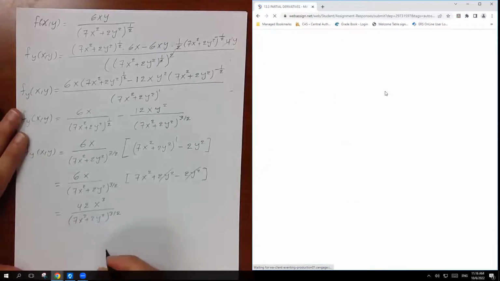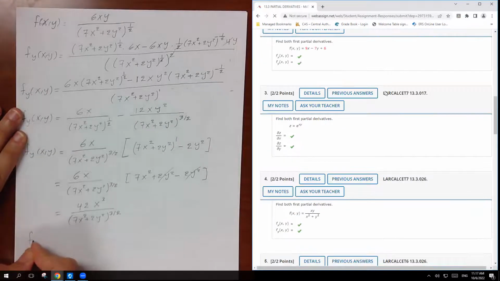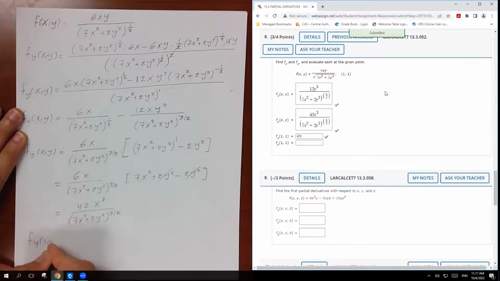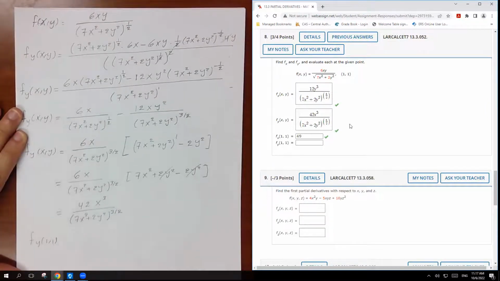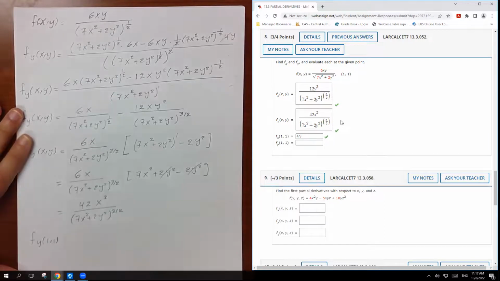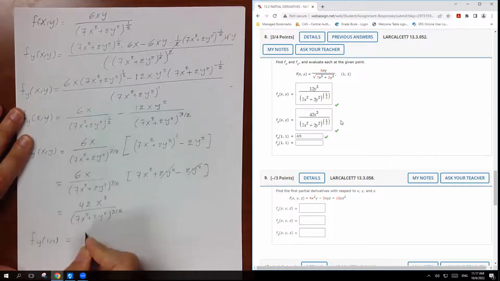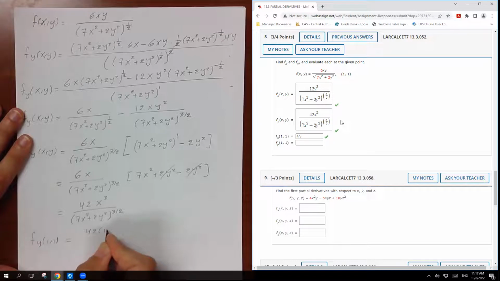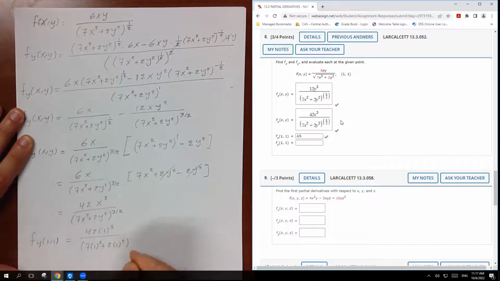And then the last thing, we're going to find f sub y at (1, 1). If this one is right, yep, it's right. So that means I'm just going to plug in 42 times 1 cubed divided by 7 times 1 squared plus 2 times 1 squared to the 3 over 2.